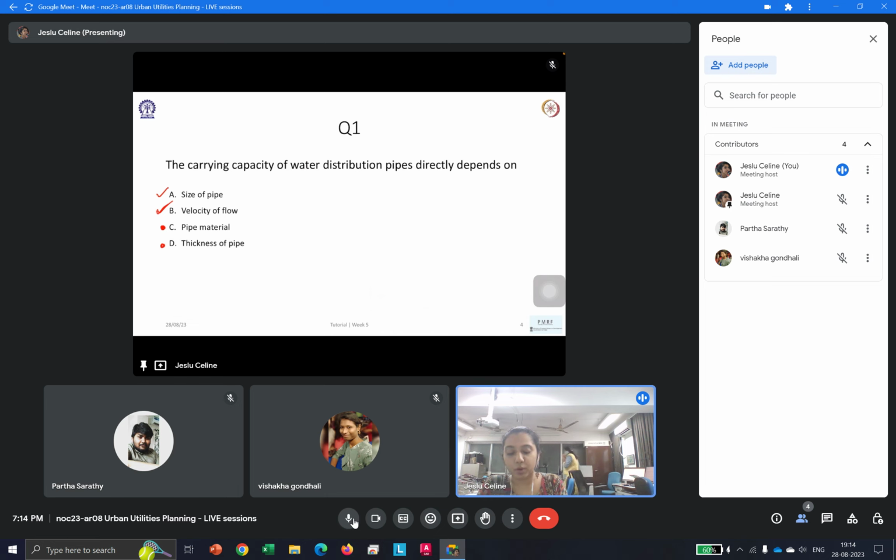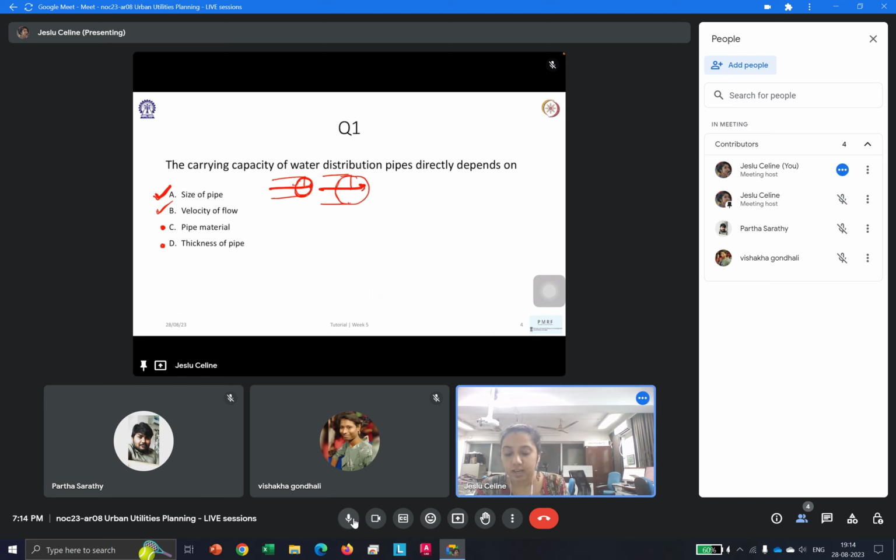Okay, let's go option by option. Size of pipe, obviously, both of you have agreed. By size of pipe we're mainly talking about the radius. As the radius increases, the more water it can carry, because there's more volume or space to carry water. So the carrying capacity will increase as size increases.